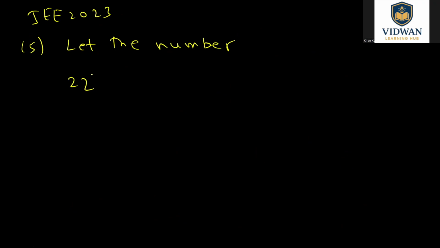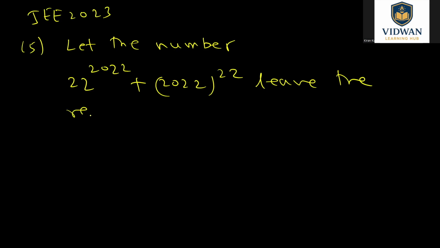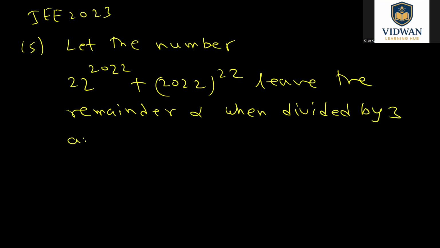Then question number 5. This is from JEE 2023. Let the number 22 power 2022 plus 2022 power 22 leave the remainder alpha when divided by 3 and beta when divided by 7.